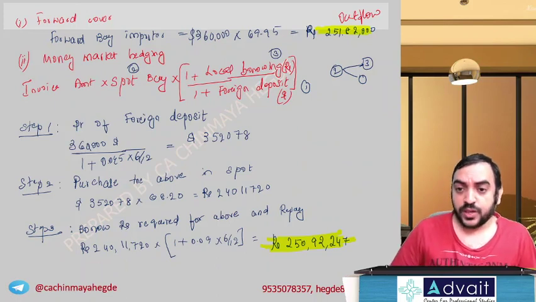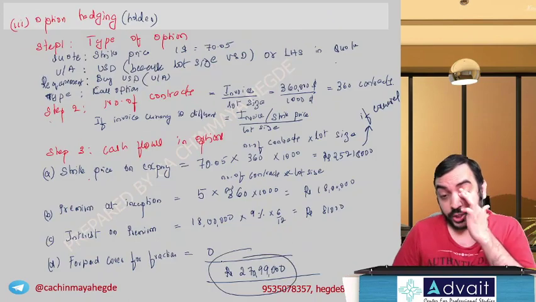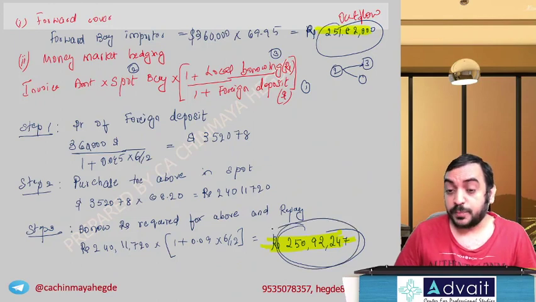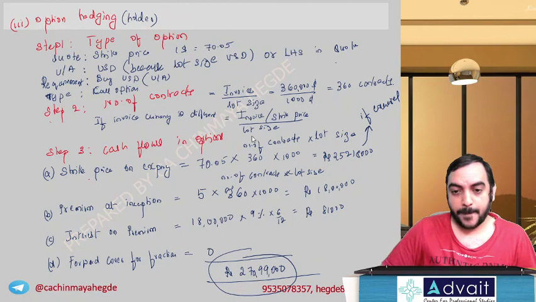So previously it was 2,50,00,000, and here it will be 2,70,00,000. So which is recommended? You can just say, I think money market hedging is cheapest for the importer. You can say money market hedging is beneficial.